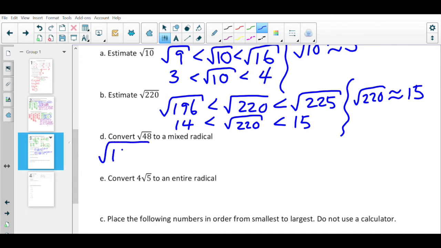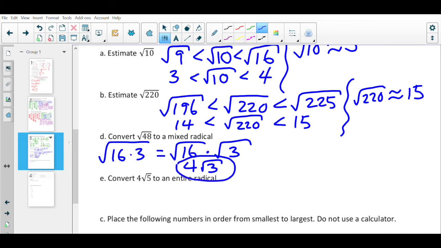We can say 16 times 3, because we know 16 times 3 is 48, and if we remember the properties of radicals, you can split it up like this when we're multiplying radicals. So square root of 16 is 4, and the square root of 3 is just square root of 3. So this is the mixed radical form: 4 square root of 3.